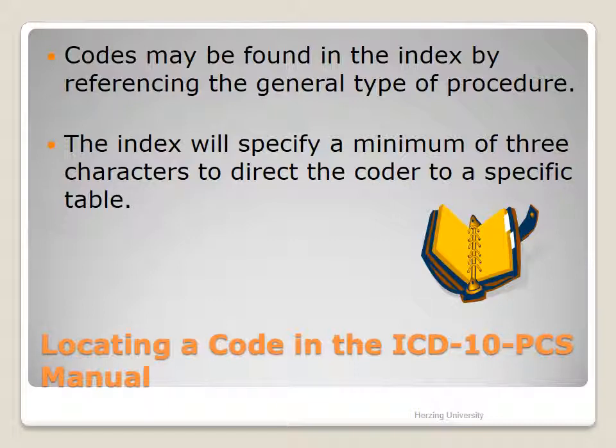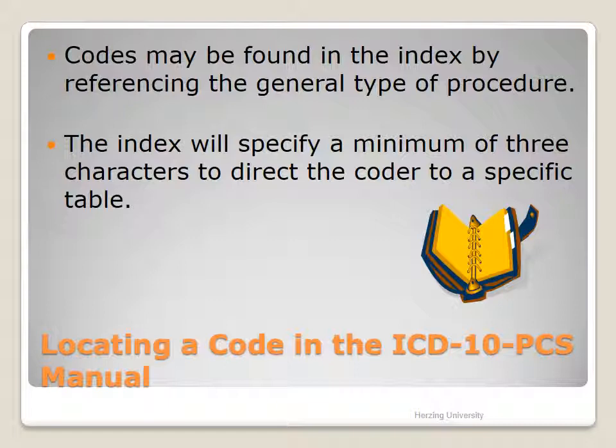The index is the starting point when selecting a code. The index is the guide to the tables which contain the specific characters needed to build your code. Commonly used terms or general types of procedures are found in the index, which supplies at a minimum the first 3 characters of a code.